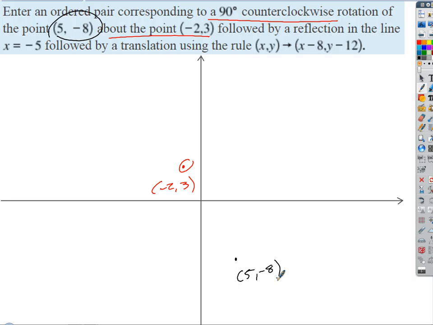What we can always do, and I just want to make sure this makes sense to you: wouldn't it be more convenient if the tack, meaning the center of the rotation, were on the origin? That makes the rotation easier, right? So one thing we could do is take everything on the plane and shift it down 3 and to the right by 2 to locate the center there.